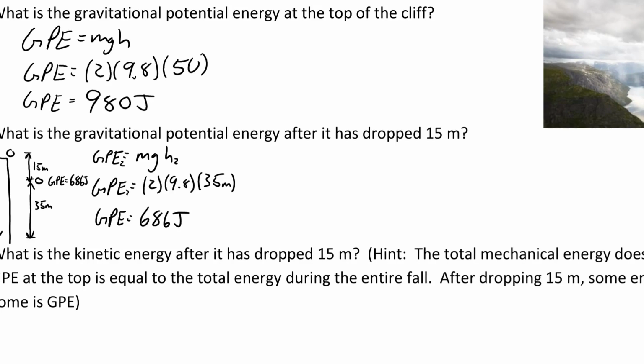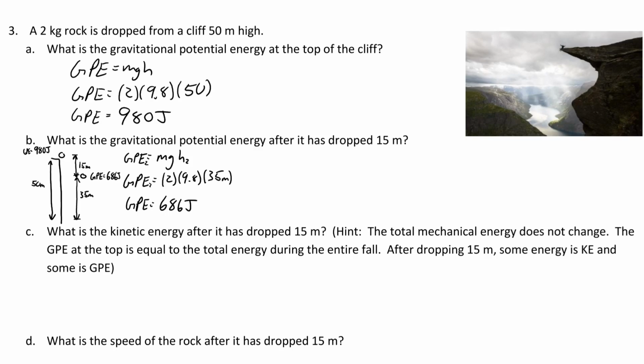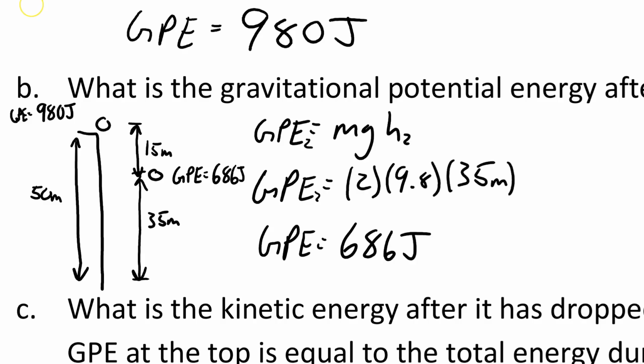So part C says, what is the kinetic energy after it has dropped 15 meters? And it even gives you a hint. The total mechanical energy does not change. The GPE at the top is equal to the total energy during the fall. After dropping 15 meters, some energy is kinetic and some is potential. So if we look back at our diagram, by just drawing the potential energy, we're not giving the full story.